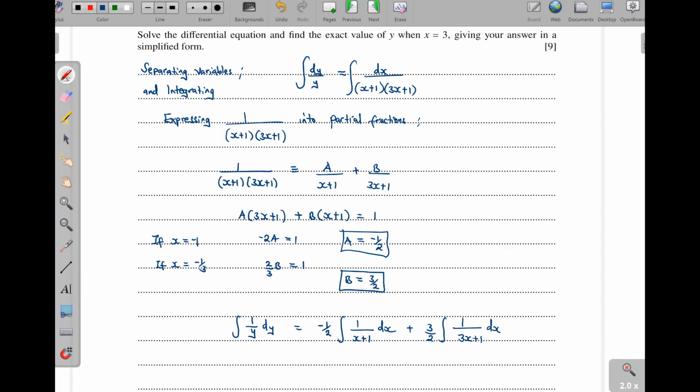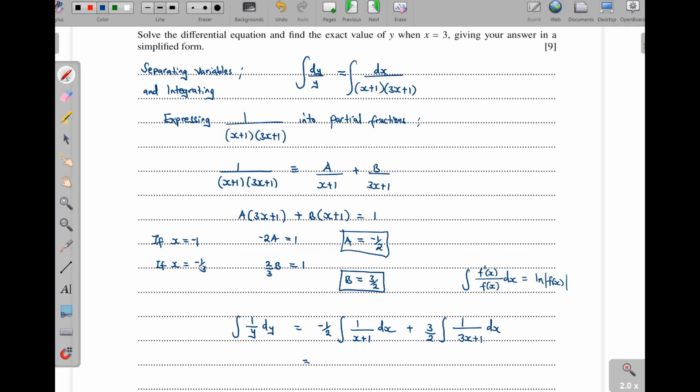Now we know that when you integrate and you see that the function up here is the exact derivative of what is down here, then this is the natural log of the denominator, f of x there. You see that? So when I differentiate this one, I get the one that is up there.